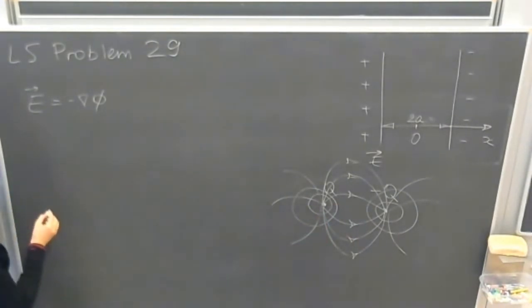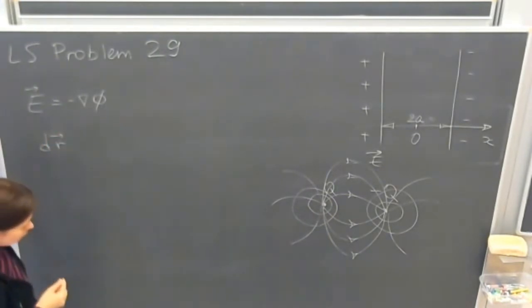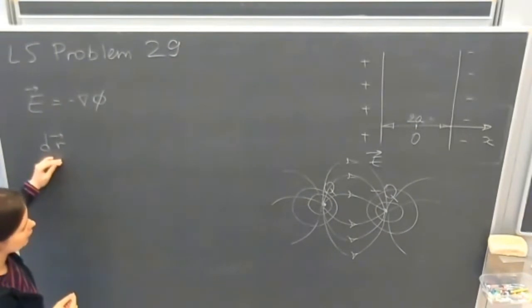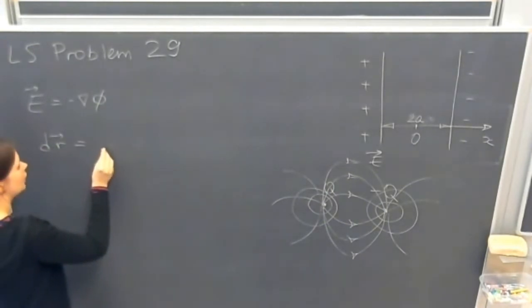So let's say for cylindrical coordinates it's dl, a segment of the electric field line. And now we can write it for cylindrical coordinates.